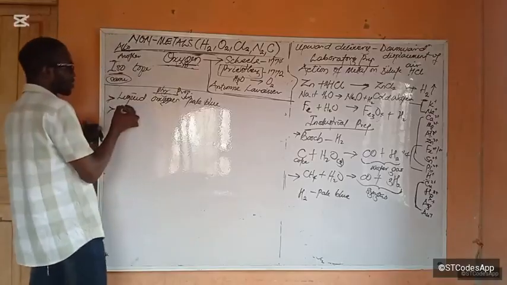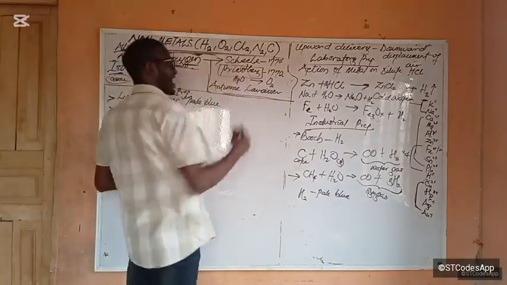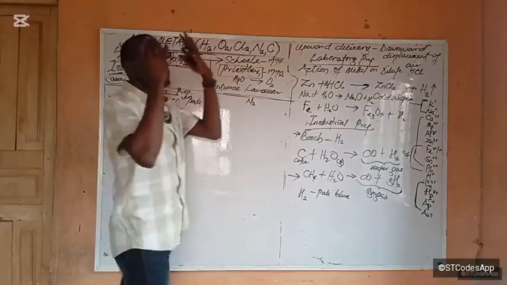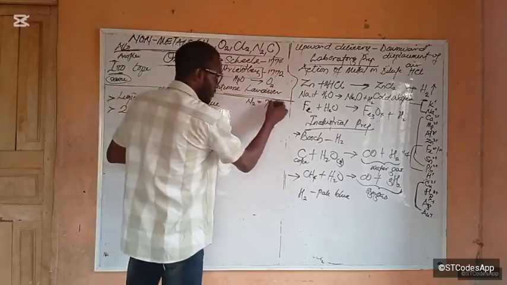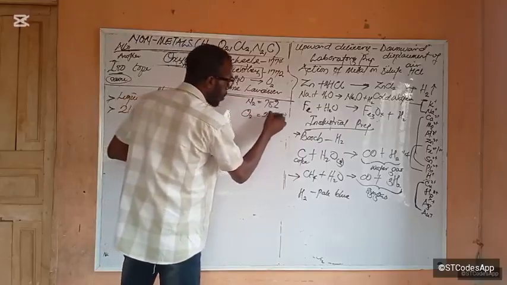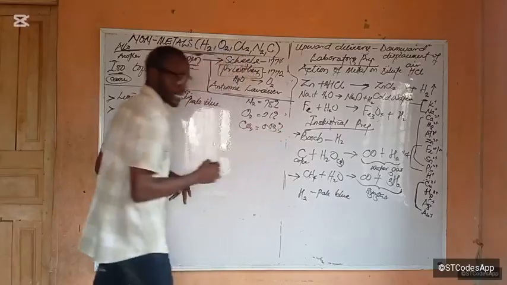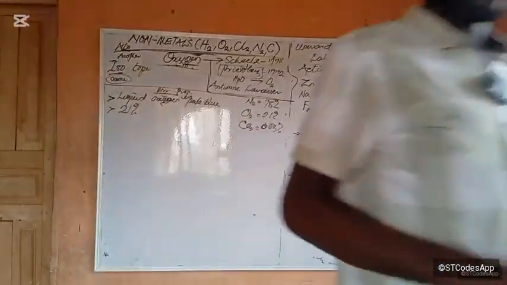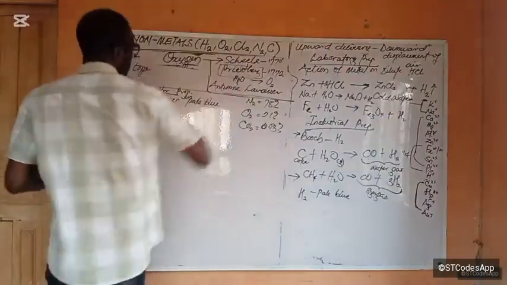Now it constitutes 21% by volume of the atmosphere. The air consists of nitrogen, which is 78%, oxygen, which is 21%, and carbon dioxide, which is 0.03%. Is that clear? You might think that I am rushing, but I don't want the video to be too long because of my phone memory, so let's be quick.